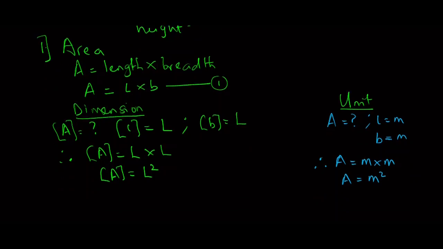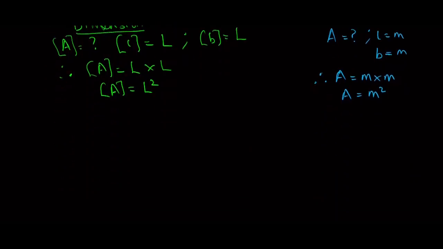Now let's discuss the second derived quantity, that is volume. Like I said, without the formula we cannot do anything. So the formula for volume is length times breadth times height, equation 2.